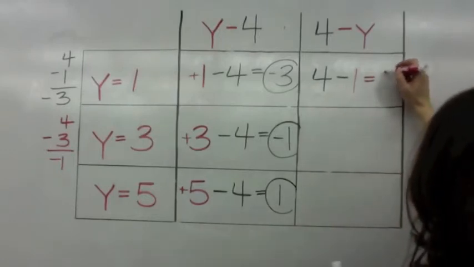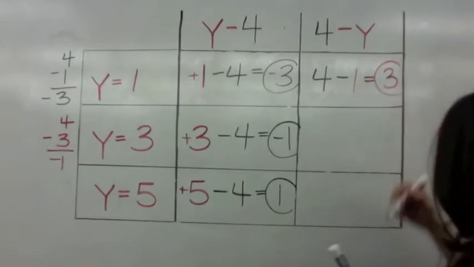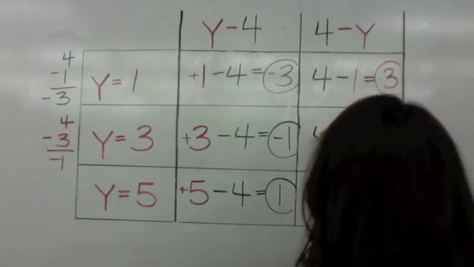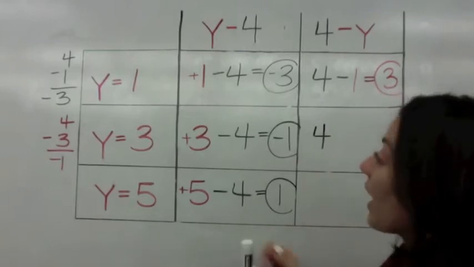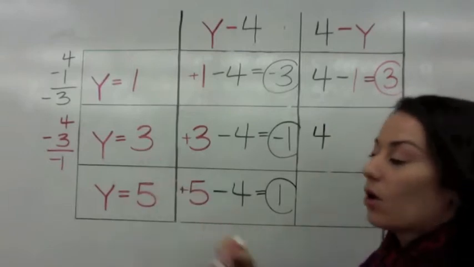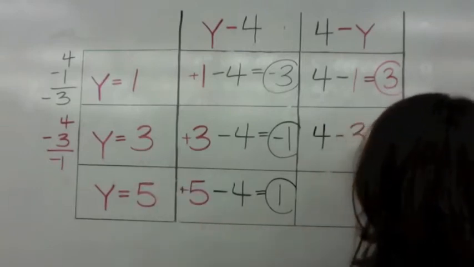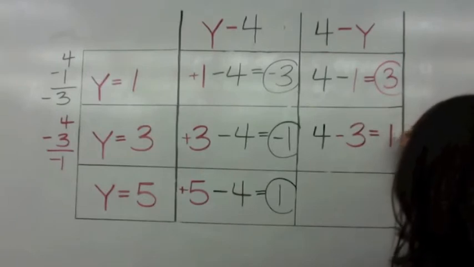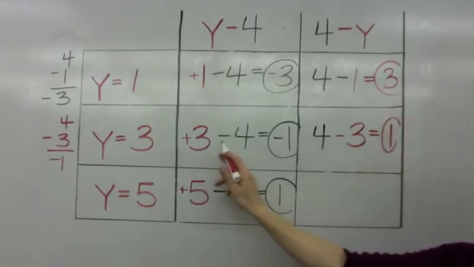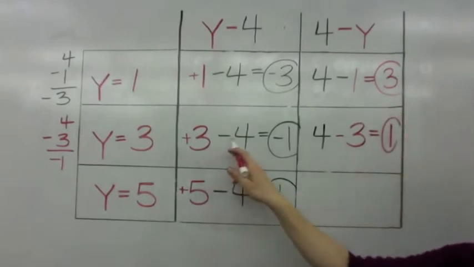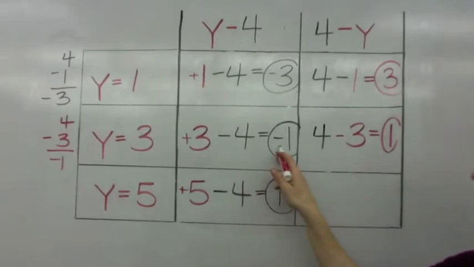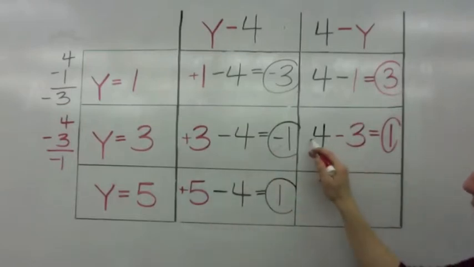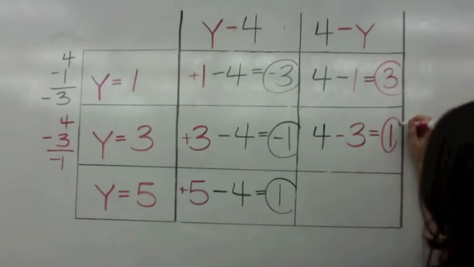The answer is 3. Very simple, right? Next, we're going to take 4 and subtract y, which is 3. What is 4 minus 3? 4 minus 3 is positive 1. Before, we had 3 minus 4, which is negative 1. But for 4 take away 3, the bigger number is positive, so the answer is positive 1.